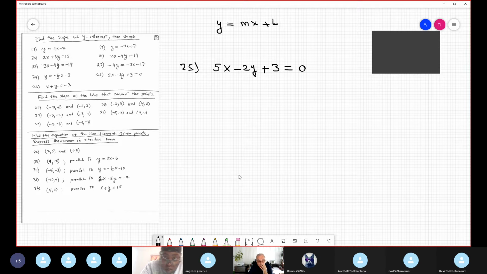I need y alone, totally isolated. So I copy minus 2y is equal to. I move to the right-hand side the term that contains x, which is minus 5x. And the term that does not contain a variable is b, I suppose, no, it's not b, it's c. So it's minus 3. Finally, divide by negative 2.